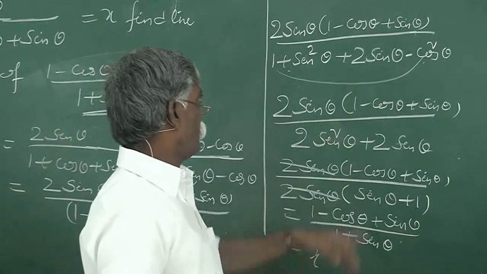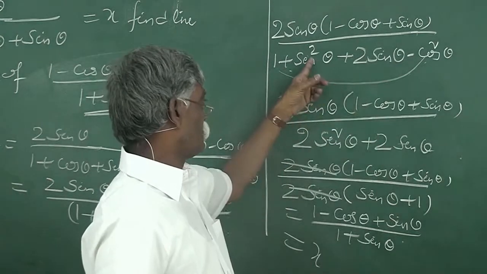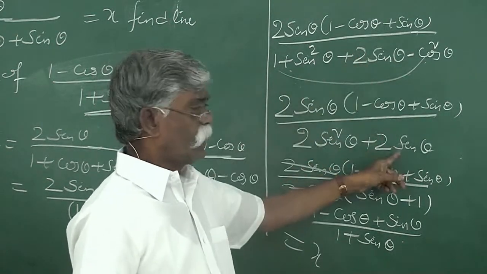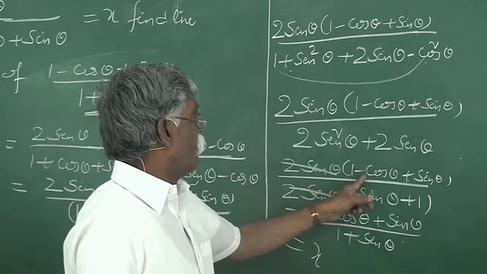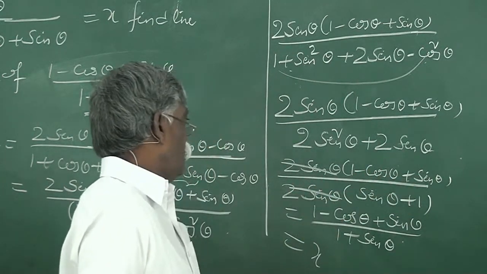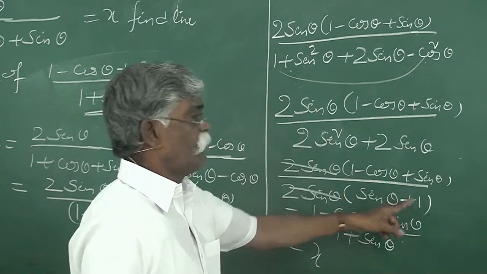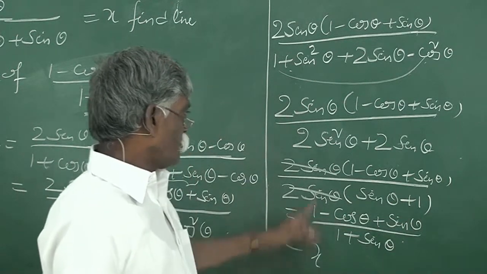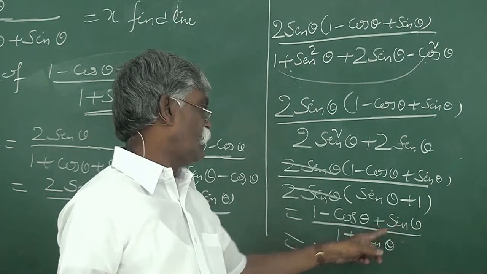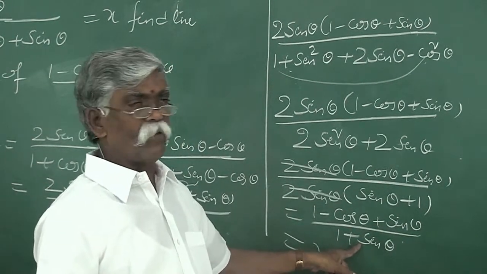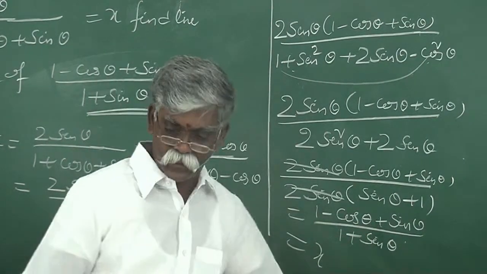Numerator is as it is. 1 minus cos square is sin square, plus sin square is 2 sin square theta, plus 2 sin theta. Now, the numerator is 2 sin theta into 1 minus cos theta plus sin theta. Denominator, we have taken 2 sin theta as common and left with sin theta plus 1. Now 2 sin theta gets cancelled, and the remaining thing is 1 minus cos theta plus sin theta by 1 plus sin theta. This is what we are asked to find, and its value is also equal to x.